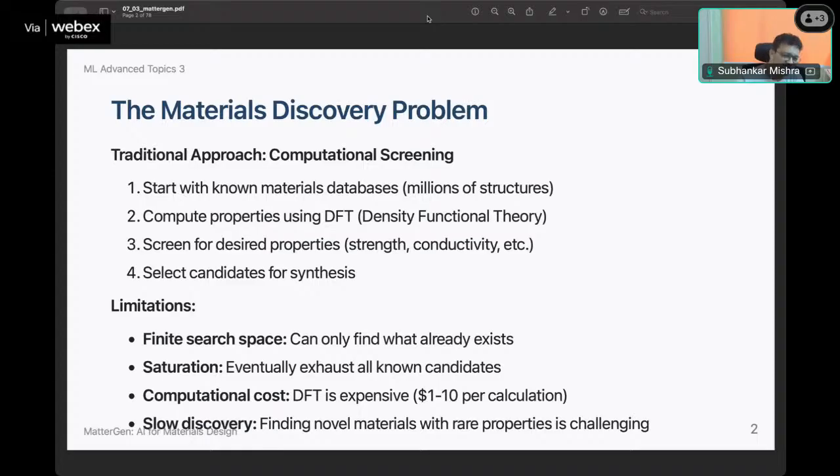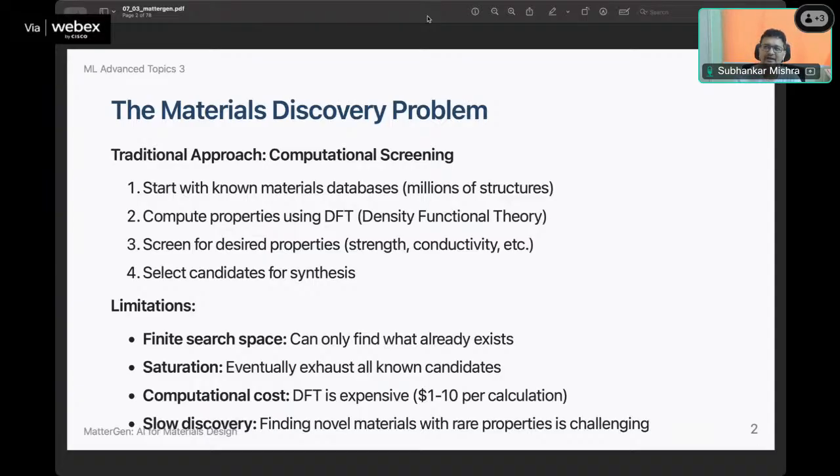We can run expensive simulations, such as DFT, hoping one of them will have the property that we want. If they have our desired properties, then we select those candidates and synthesize them.